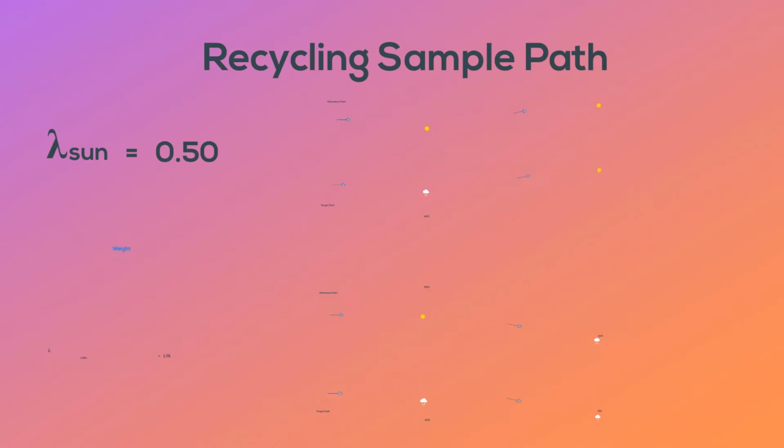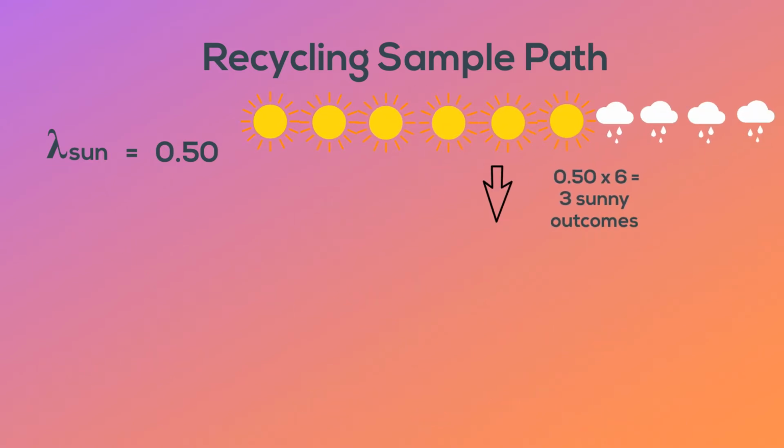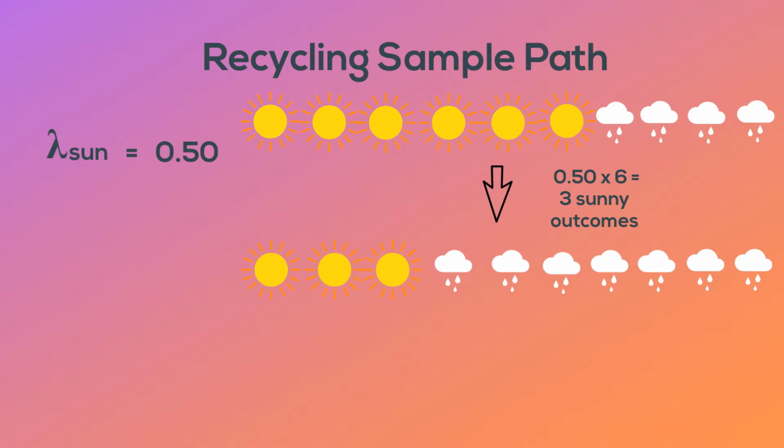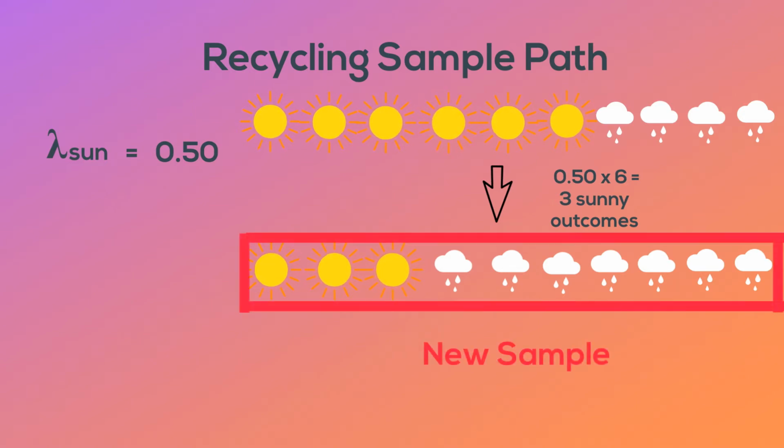A lambda sun of 0.5 means that the sunny outcome will occur half as many times in a hypothetical target sample than it will for our reference sample. Applying these ratios allows us to have a new sample that we can use for the target path to calculate its expected outcome without having to run another simulation.